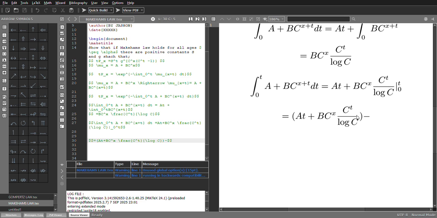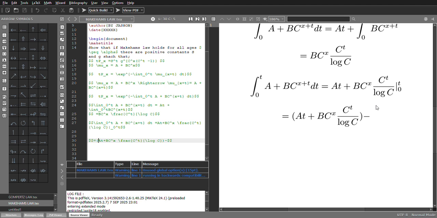So we have our first part as this. Then our second part, we want to substitute 0 into this equation. So substituting 0 here, where t is, we will have this one changing to 0, then this one changing to 1.